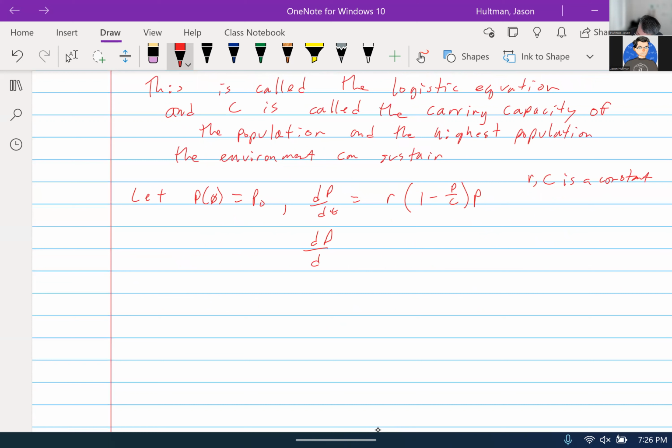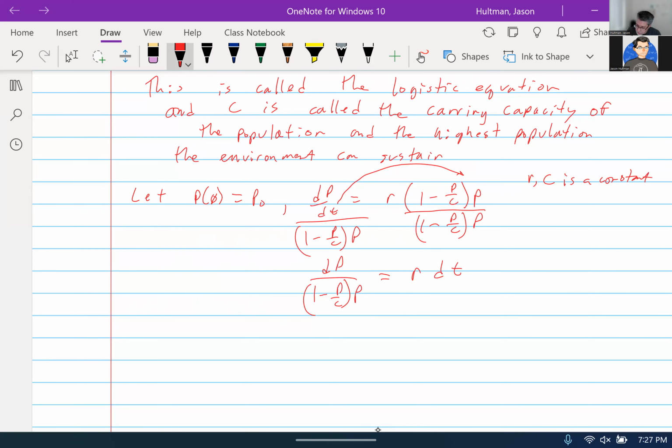So for dP/dt, let's say that we divide by this guy, 1 minus P over C, times P. We'll have the dt go over here. After I separate, we get dP over 1 minus P over C times P, is equal to r dt.